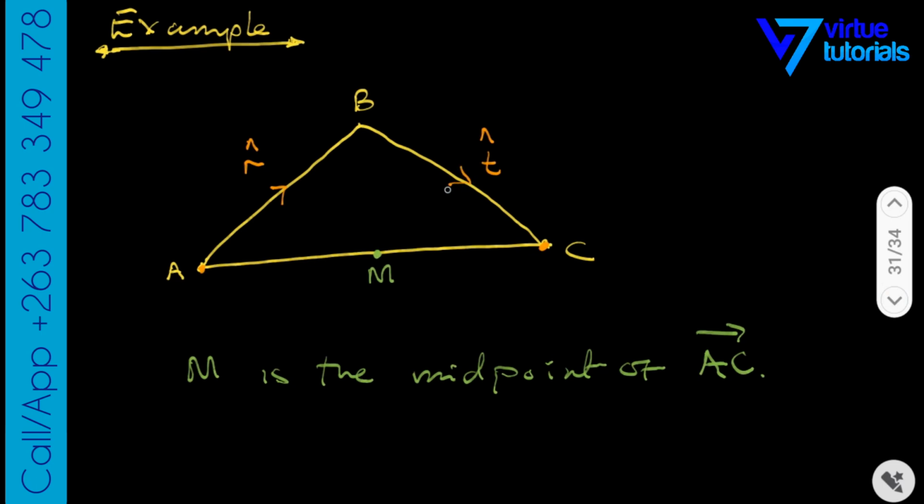This arrow describes movement this way. If I move in a direction which is opposite that of the arrow, I have to put a negative sign.